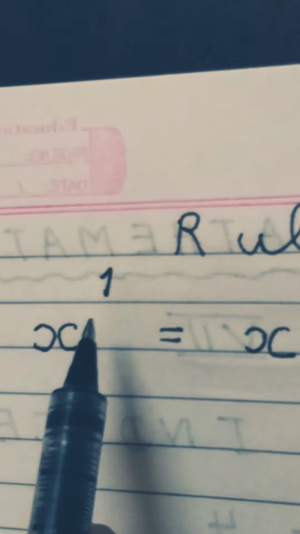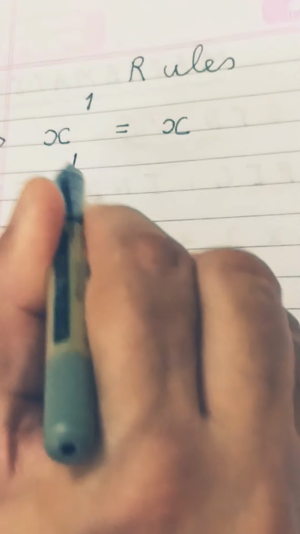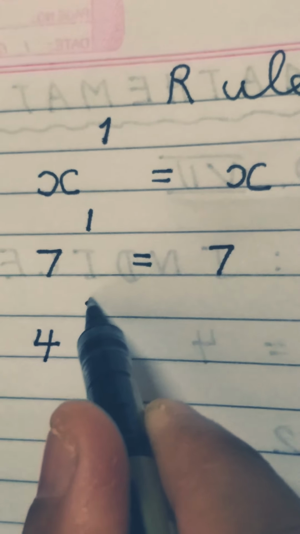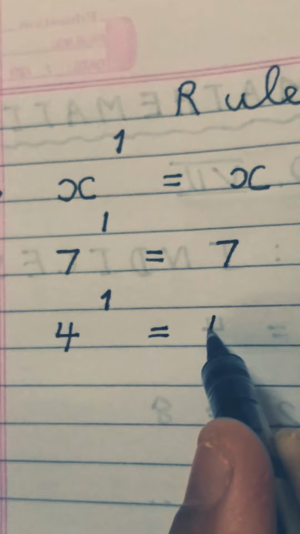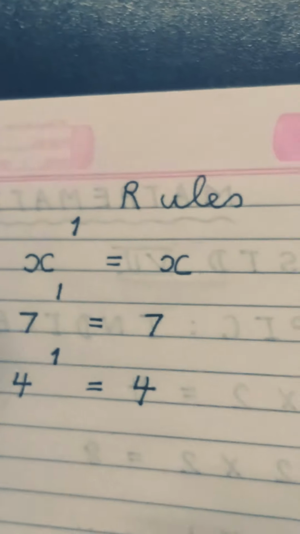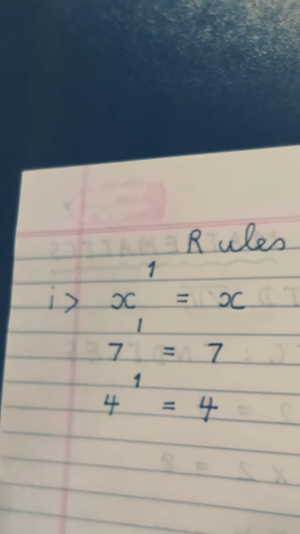X raised to 1 is x. Similarly, the number 7 raised to the power 1 will give us 7. The number 4 raised to the power 1 will give us 4. You guessed it right. So any base raised to the power or the index 1 will give us the same base as the answer. This is the first rule.